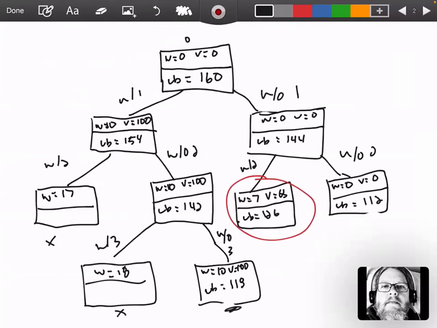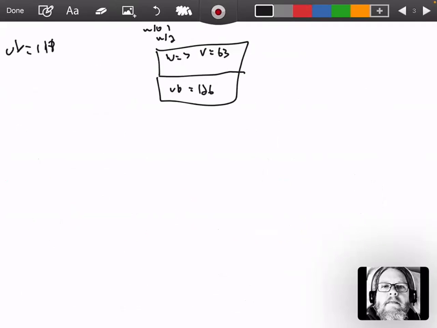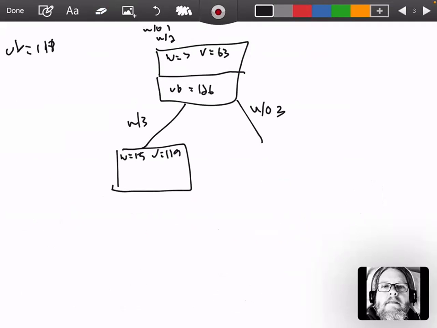Okay. So from this one, we're now going to go with 3 and without 3. So with 3, we get the weight being equal to 15, value equal to 119, and our upper bound is equal to 122.